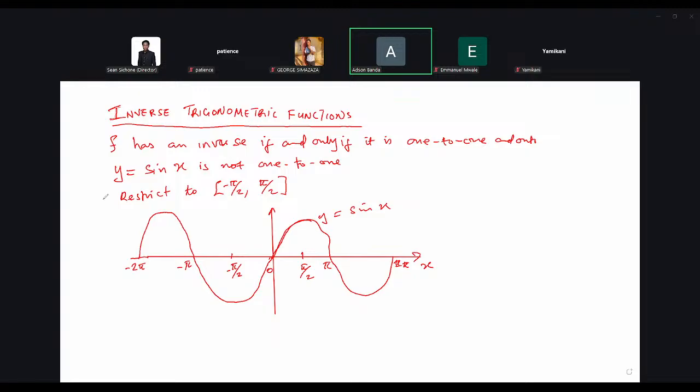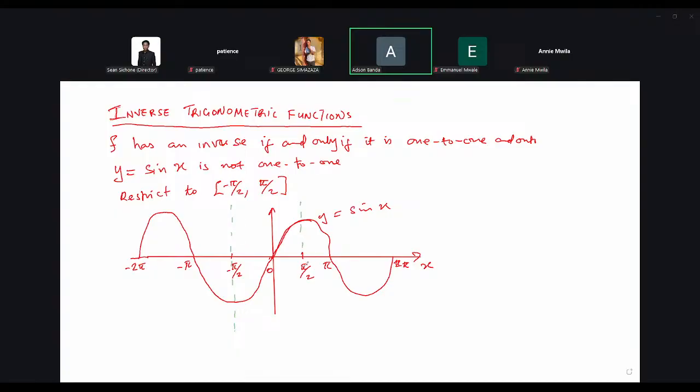So in this case, if you also know other ways of showing that a function is 1-to-1, you can see that we are going to get a 1-to-1 function. So we are going to restrict our domain in that range.